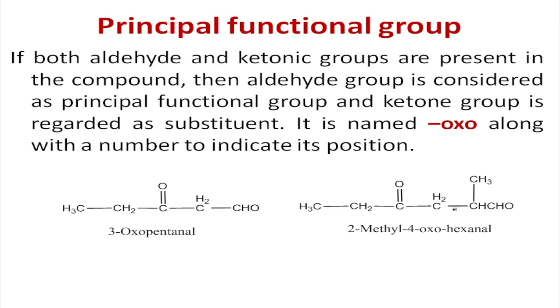Now if both aldehyde and ketone groups are present in the compound, then the aldehyde group is considered the principal functional group and the ketone group is regarded as a substituent. It is named oxo along with a number to indicate its position.